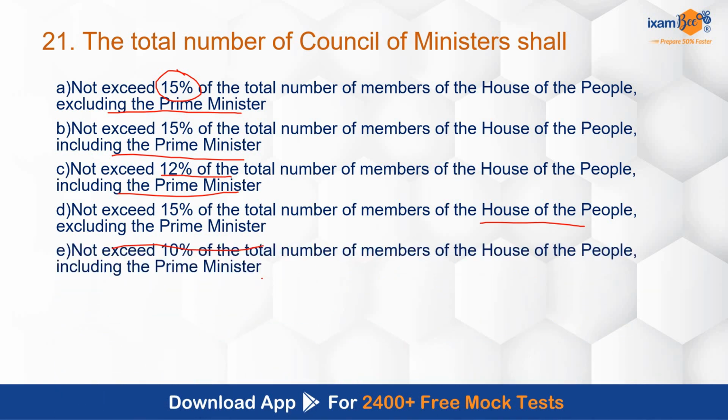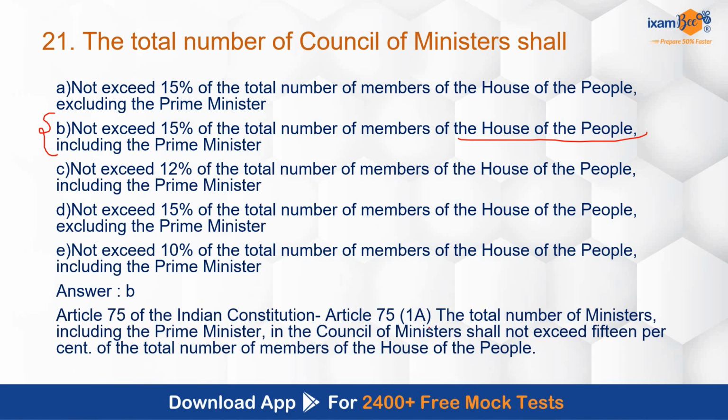Not exceed 10%. The correct answer here is B, not exceed 15% of the total number of members of House of People including the Prime Minister. So Prime Minister is included and the strength should not exceed 15% of the total members of House of People. This is given under Article 75 of the Indian Constitution.